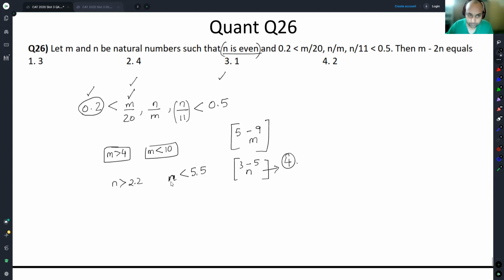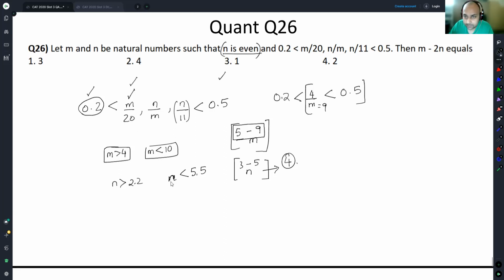If n is taking 4, 4 by m has to be greater than 0.2 but less than 0.5. Now among the possible values of m, the only one that works is m equal to 9, because for anything lower, this condition will get violated. 4 by 5 is greater than 0.5, 4 by 6 is greater than 0.5, 4 by 7 is greater than 0.5, 4 by 8 is equal to 0.5.